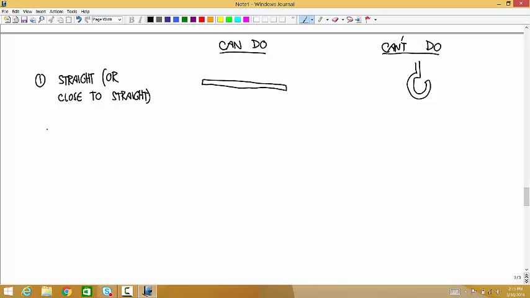The second requirement is it has to be prismatic. So we can do a beam like this, but we couldn't do one like, this is hard to draw.